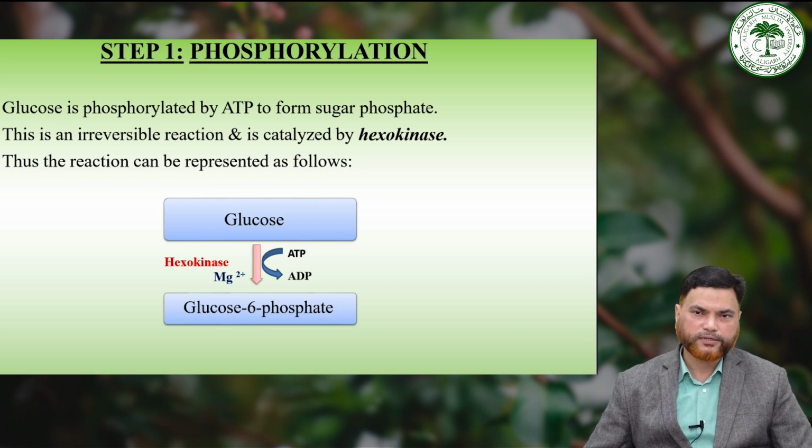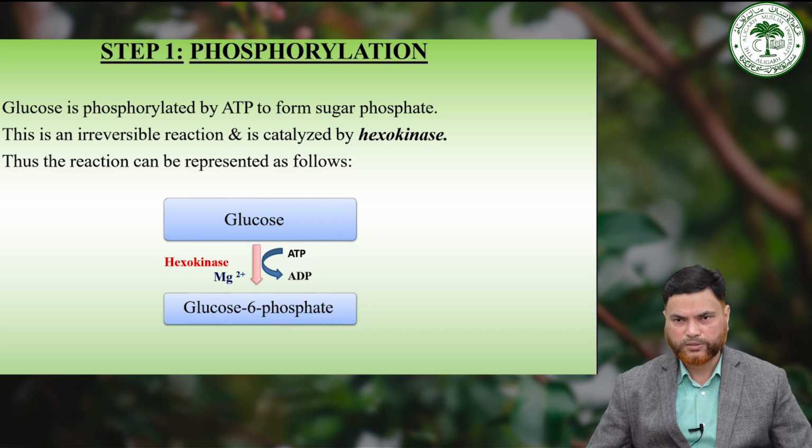Although glucose serves as a source of energy, it must undergo a process to elevate its energy level before entering glycolysis. Basically this elevation is achieved through the phosphorylation of the glucose molecule.